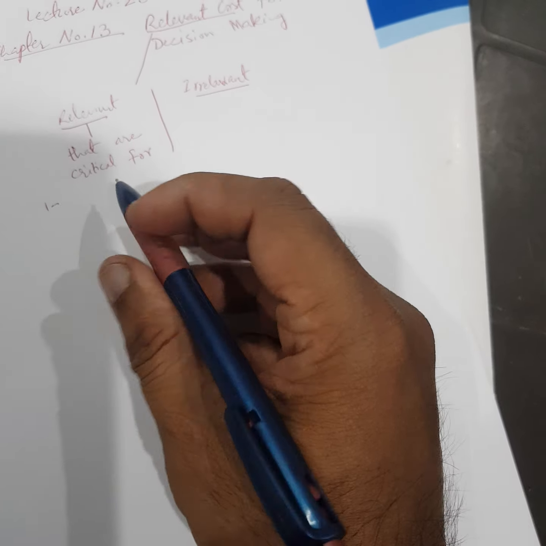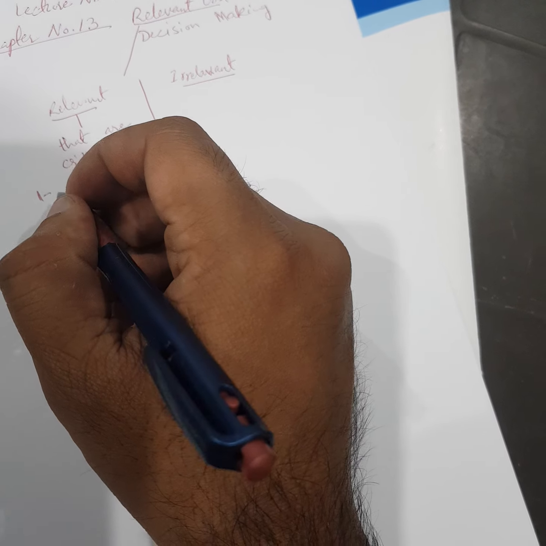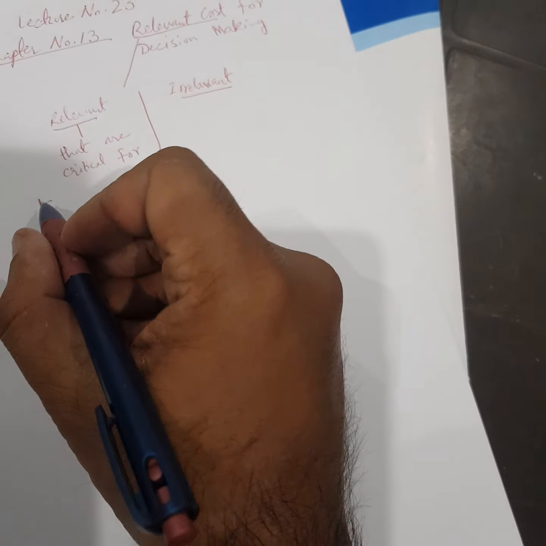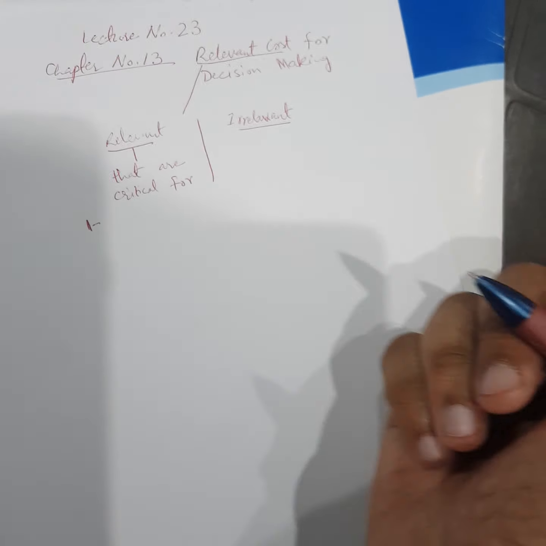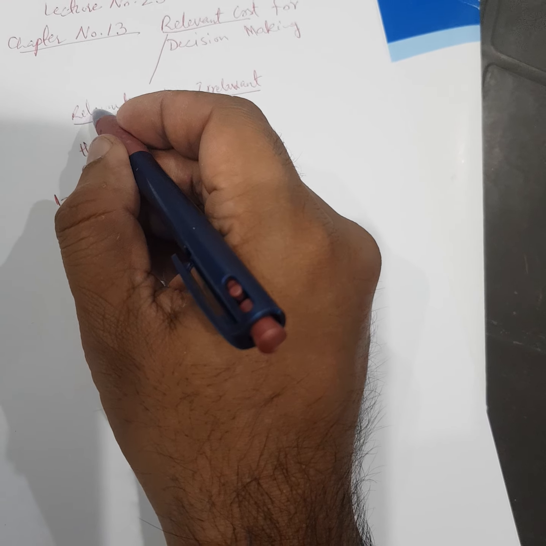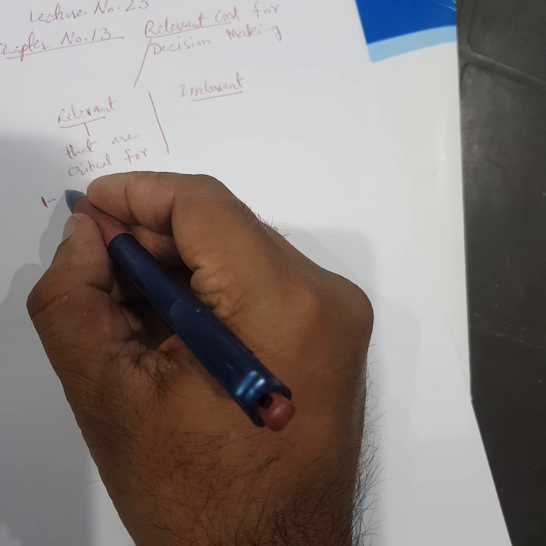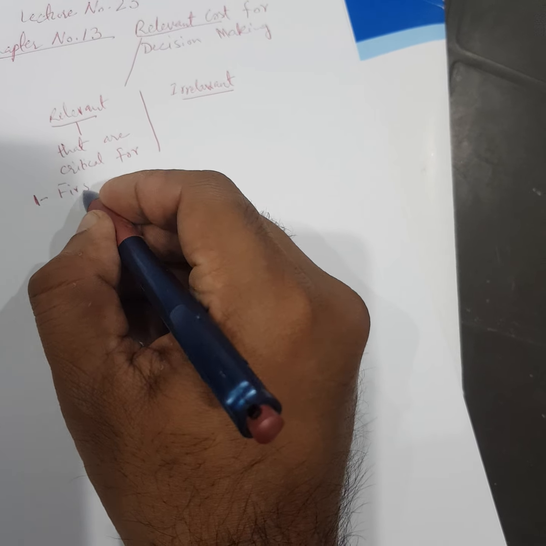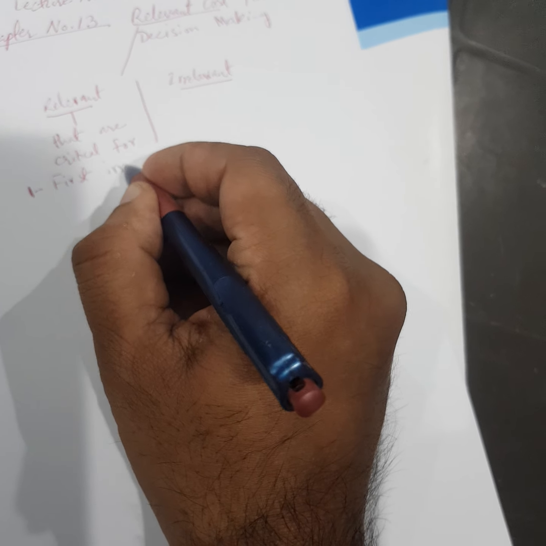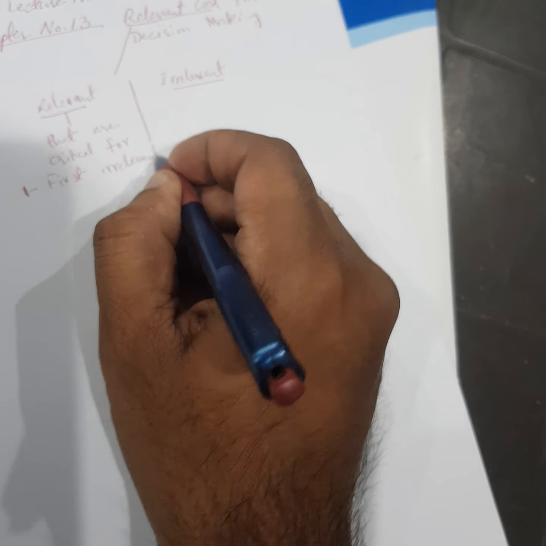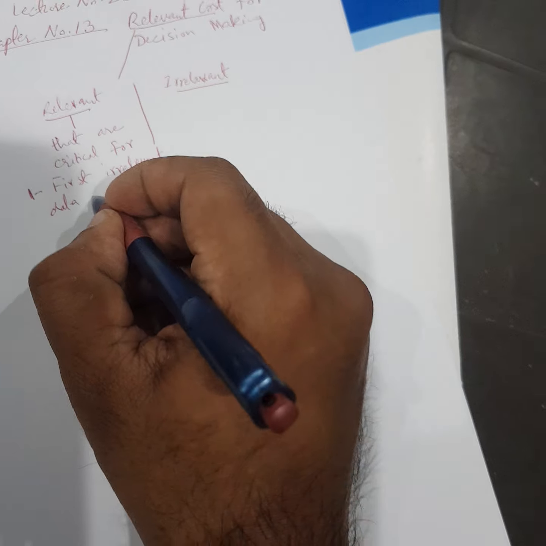Number one is irrelevant data can be ignored. It means decision making is based on only the relevant cost. We will not include the irrelevant cost. So the first benefit is the irrelevant data will be ignored.